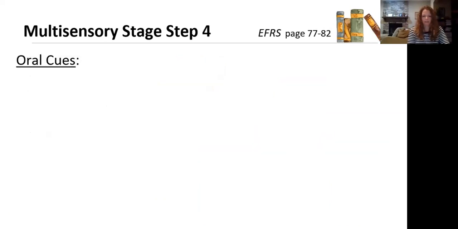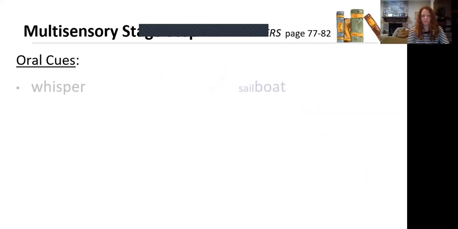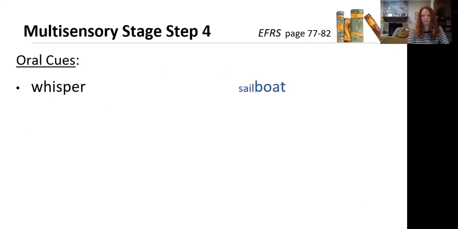Once students no longer need visual cues, then you can move on to supporting them with oral cues when they need it. Here are some examples. One is the whisper technique. You would whisper the part of the word that you want the students to delete. So for instance, if we're doing sailboat, we would whisper the part we want deleted.